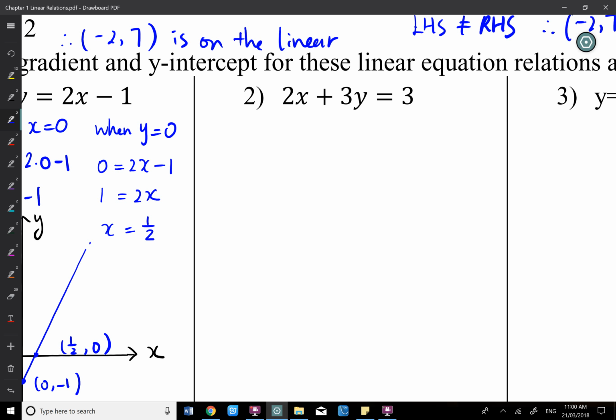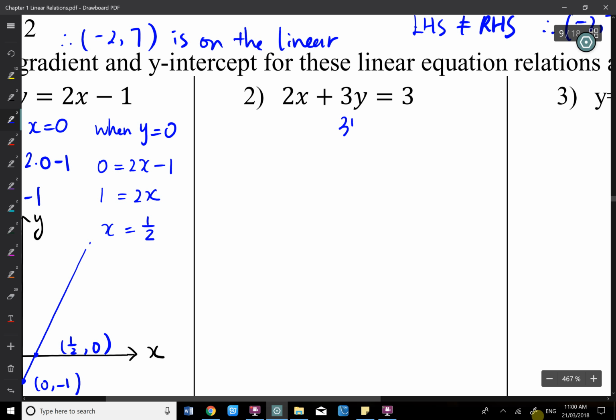Okay, second one. 2x plus 3y equals 3. What kind of gradient do we have for this question? How do you know whether it's a positive gradient or negative gradient? Negative 2 over 3. We need to rearrange it first.